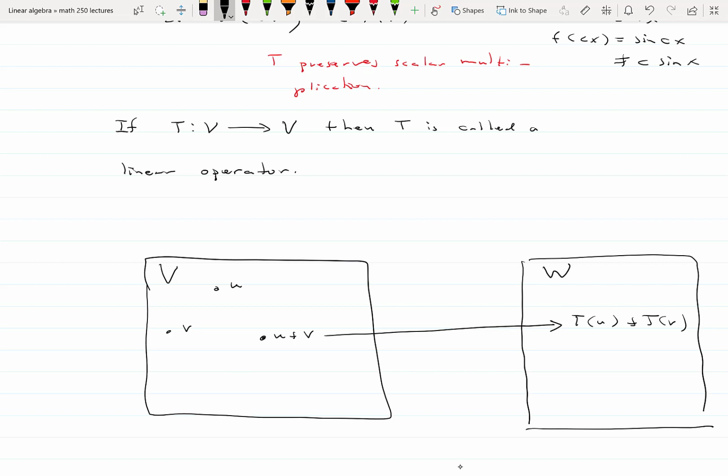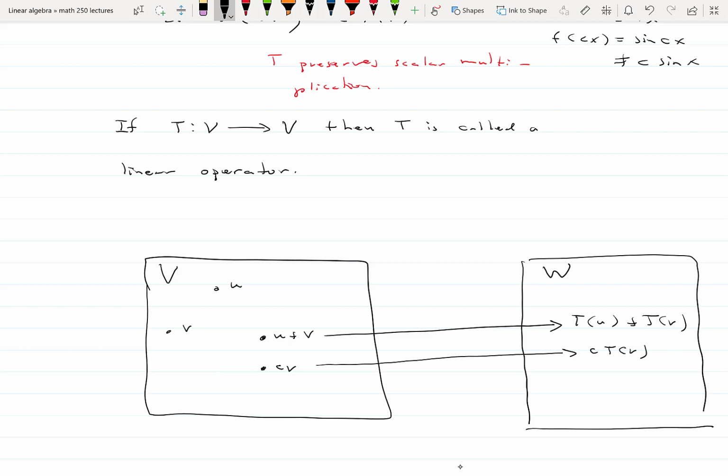For the same reason, we call the second principle preservation of scalar multiplication. If v is in the vector space V, then cv is also in V, because we have closure under addition and scalar multiplication. But a linear transformation will turn that into c times T of v.